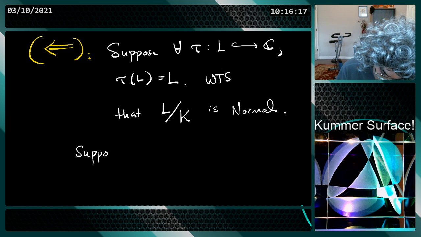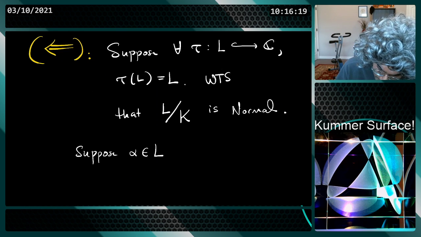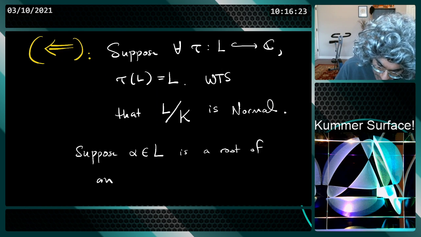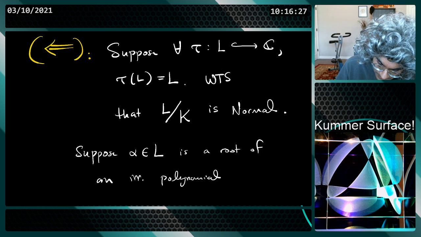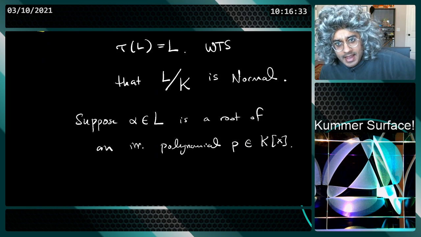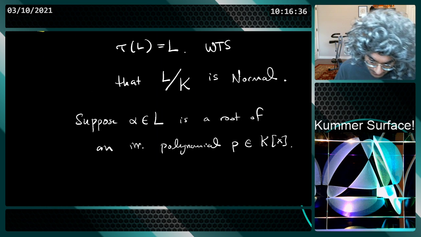Suppose alpha is a root of an irreducible polynomial, and now pick any other root, beta.